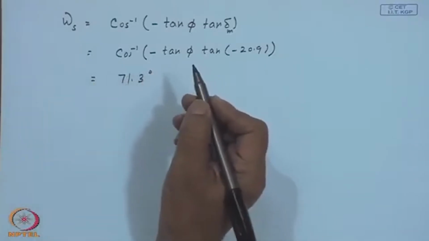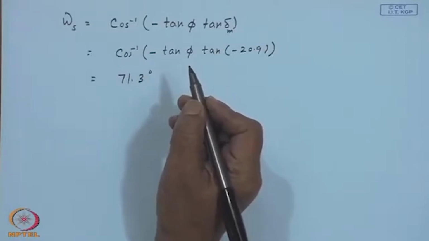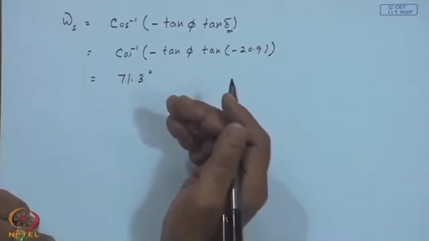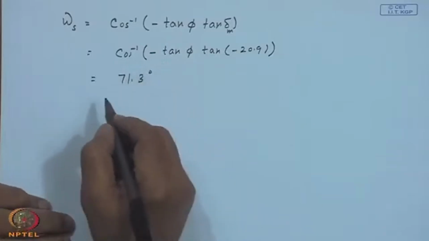This is lower than 90 as can be expected at fairly high latitude, and in January it will be less than pi by 2.